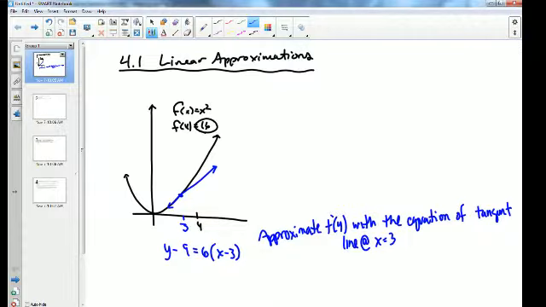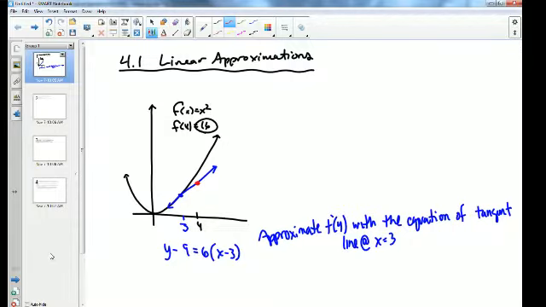So plug 4 into the equation of the tangent line, right? Are you with me? I know I'm writing furiously. I'm in a hurry and I don't need to be. Okay, so we're going to approximate with the tangent line.